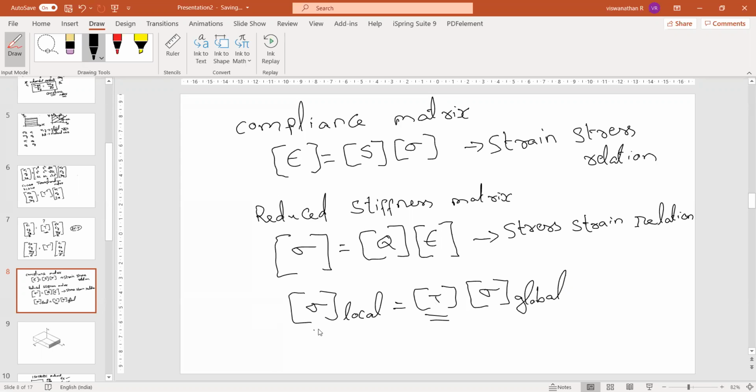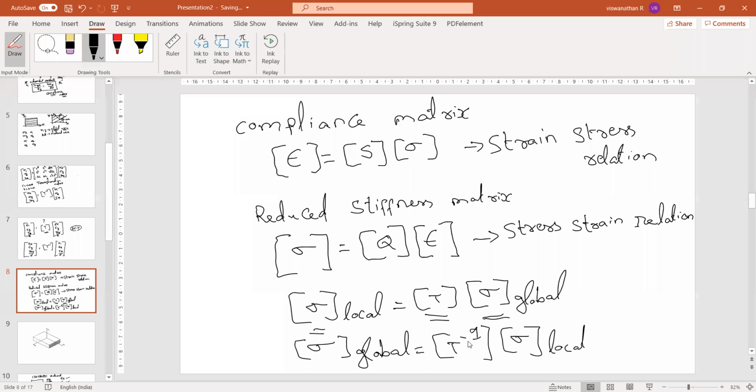On the left side also there is stress only, on the right side also there is stress only. The only thing that it does is it transforms from the global stresses to the local stresses. If you have the global stresses here, then it is the inverse transformation matrix; you get the global stresses from the local stresses.